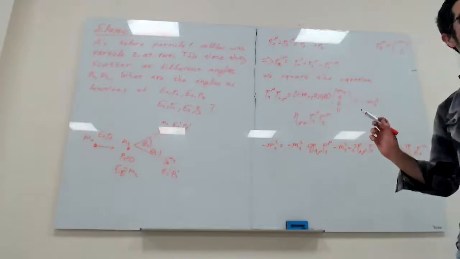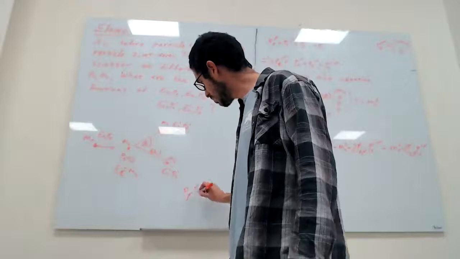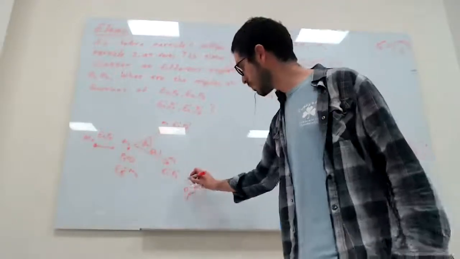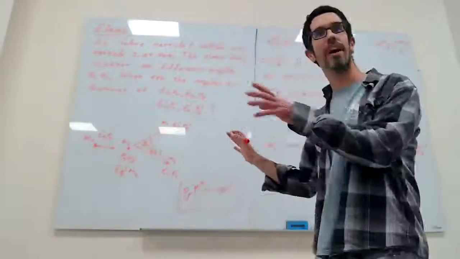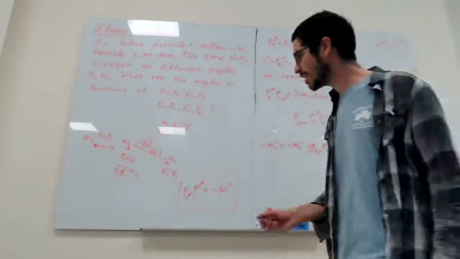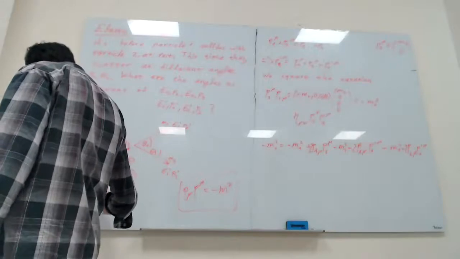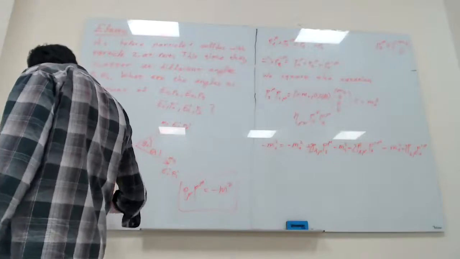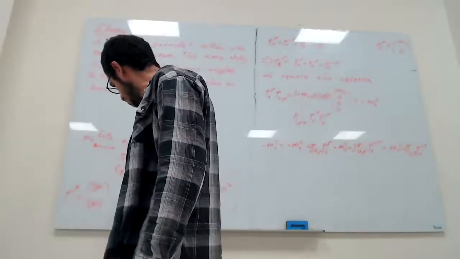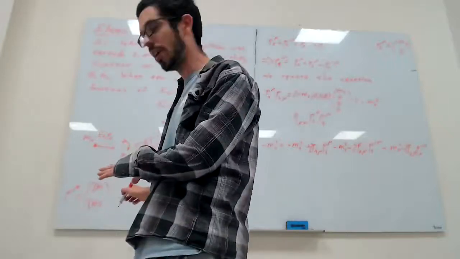It's always for a given particle, P mu is always minus m squared. Like you get gamma factors, I should have shown that. If P mu equals gamma m, P, then if you do minus gamma squared, we have minus gamma squared m squared always.